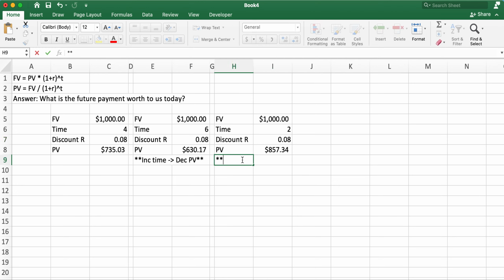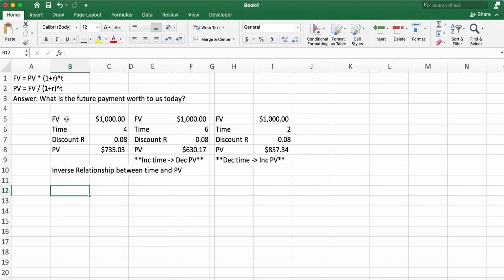So we're going to say a decrease in time generates an increase in present value. So we're going to say that there is an inverse relationship between time and present value.